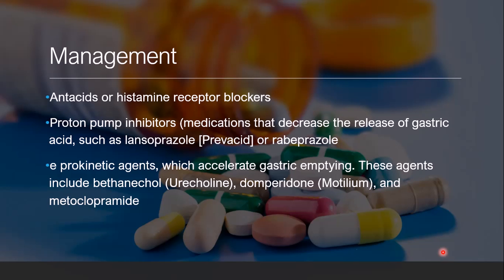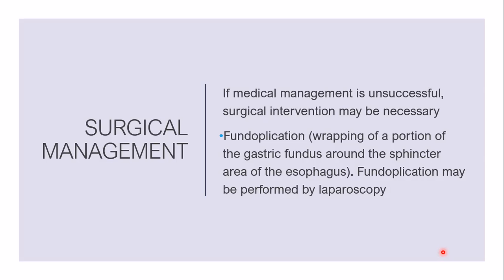Now, surgical management. So here, if the medical management is unsuccessful and it's not working for the patient, then surgical intervention could be necessary. And majorly, we go for a fundoplication. So fundoplication is a wrapping of a portion of the gastric fundus.